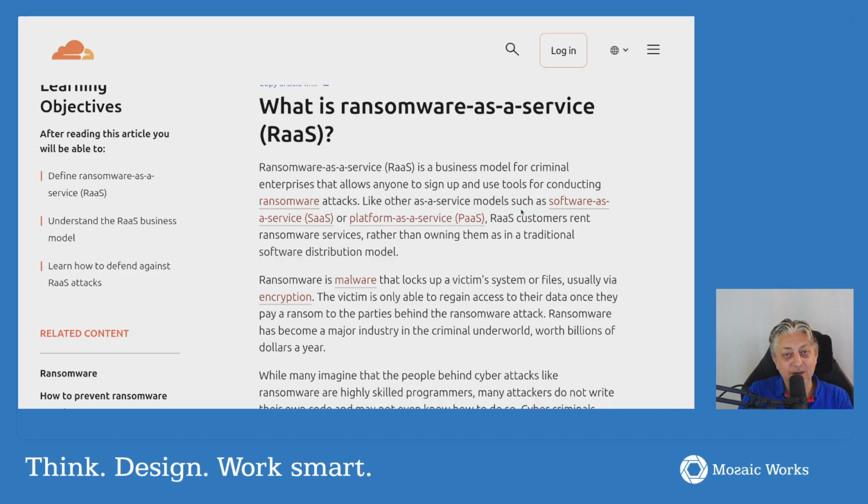And now, these are already bad, but what's worse is that now there's a whole ecosystem supporting this. Ransomware as a service is a business model for criminal enterprises that allows anyone to sign up and use tools for conducting ransomware attacks.